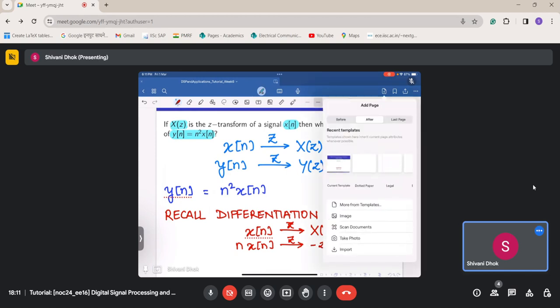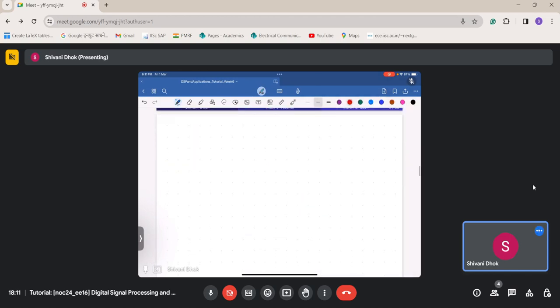So now this y(n), which is equal to n square x(n), we can write as n into n times x(n). And we know that n times x(n) will have a Z transform of minus z d/dz X(z).